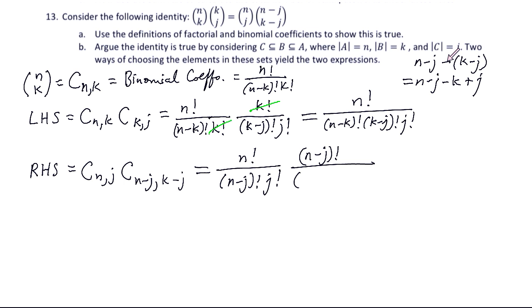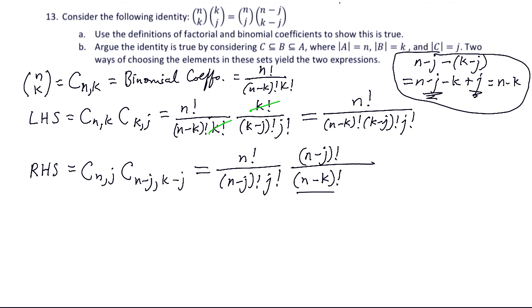I have a minus a negative, so it's plus j. And now we see that the two j's cancel. Minus j and plus j cancel, and I get n minus k. So I'm just going to go ahead and write n minus k factorial there, instead of writing all this stuff. Okay, so this was a useful little calculation off to the side that gave me this term.